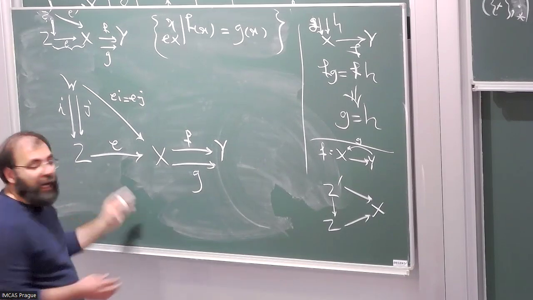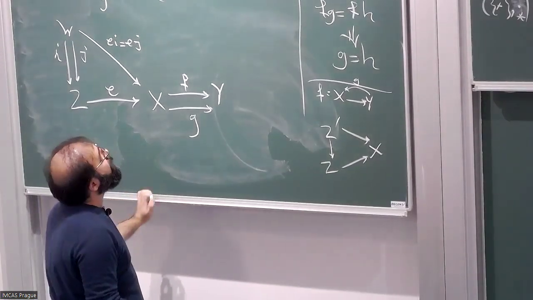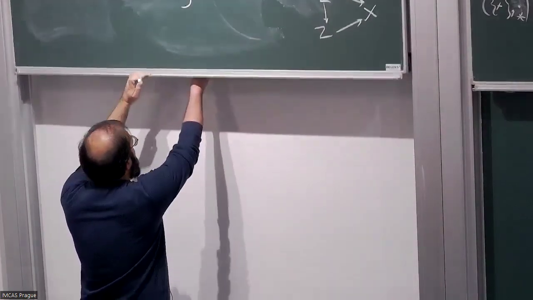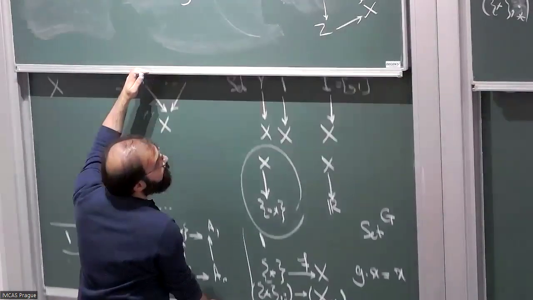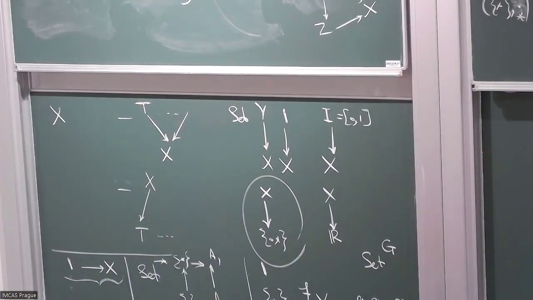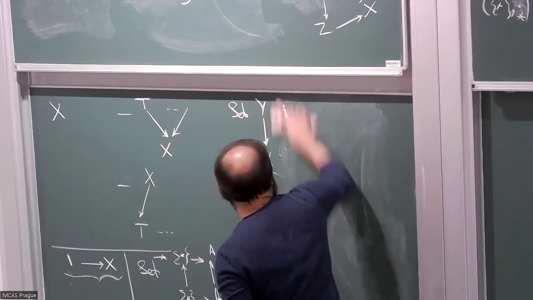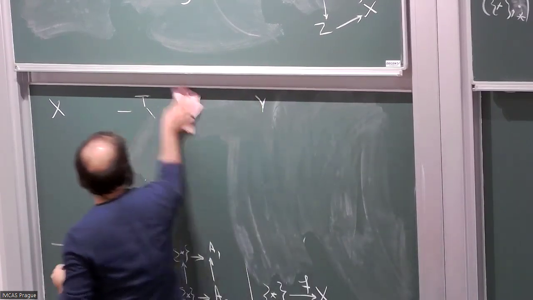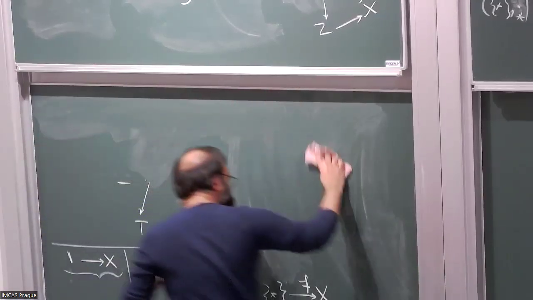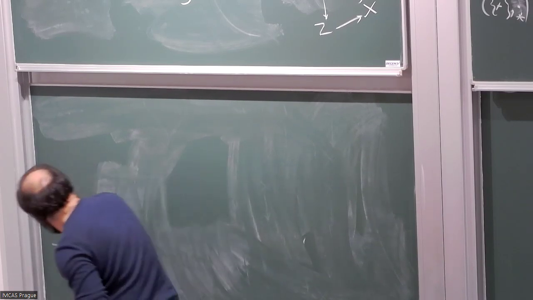Okay, so you always have the dual. And the dual is what? The dual is that you have two morphisms, you want to equalize them, but by composing on the other side, right? So how to do that?